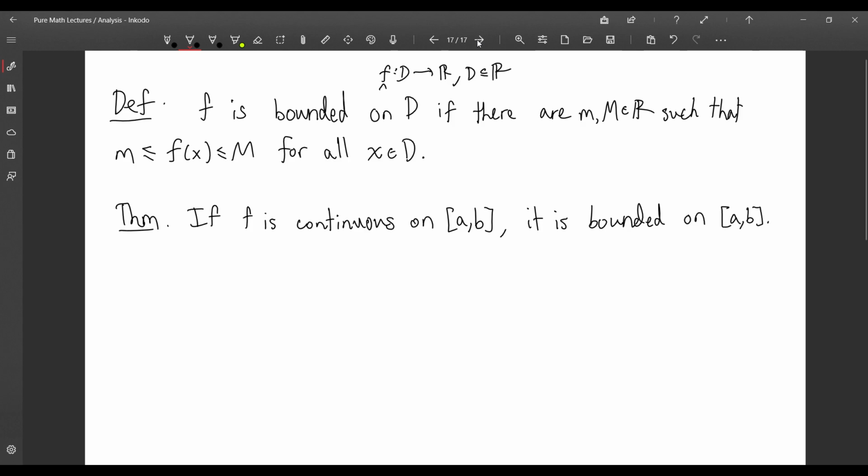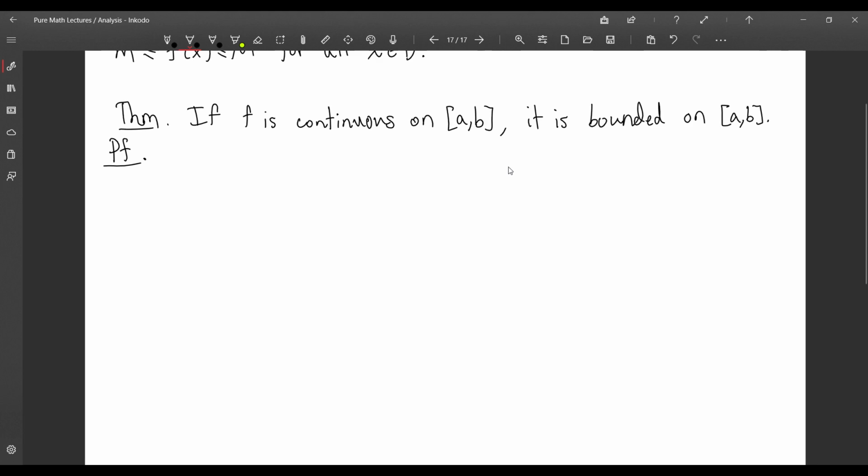And I believe this would also hold for compact domains. So, proof. We already know by the previous theorem that f is uniformly continuous.